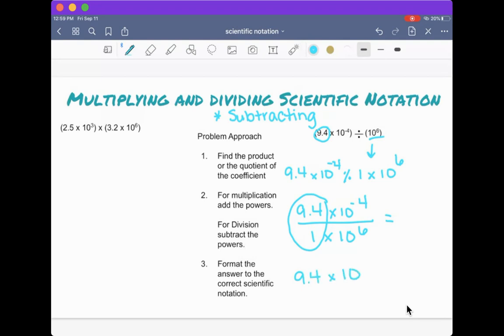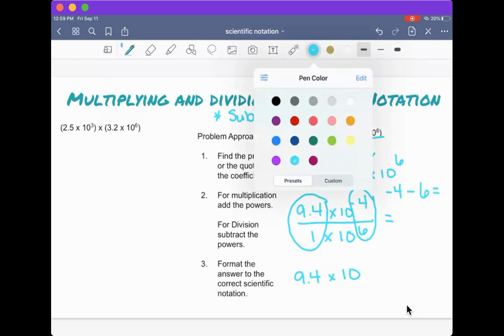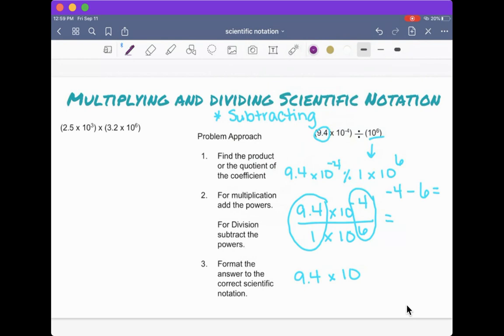Now all we have to do is figure out the powers. So here I have -4 minus 6. I'm going to go back here and remember how we do this. When you're minusing with a negative number, you just change this into a plus sign and then add a negative sign. So -4 plus -6 is going to give me -10.